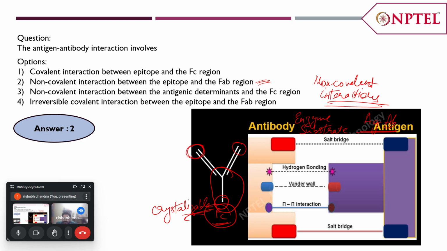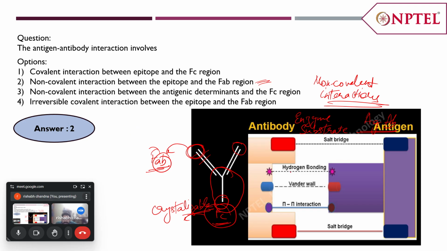And the second fragment that was used for binding to the antigen was FAB, the antigen binding fragment. This FAB region is made up of one light chain and half of the heavy chain. And the FC region is only made up of the heavy chain. And this FAB region has an antigen binding site.